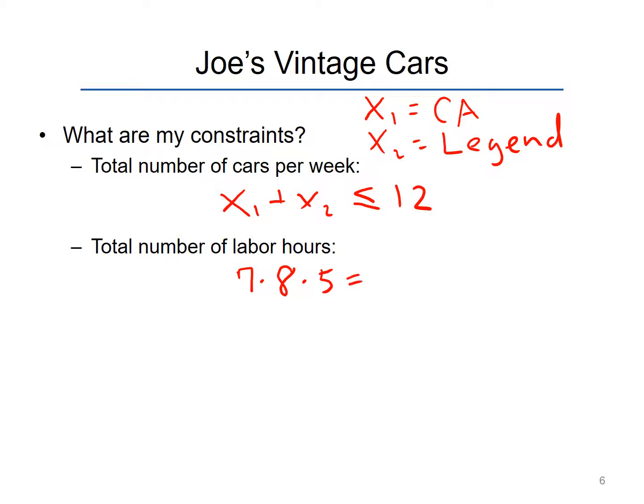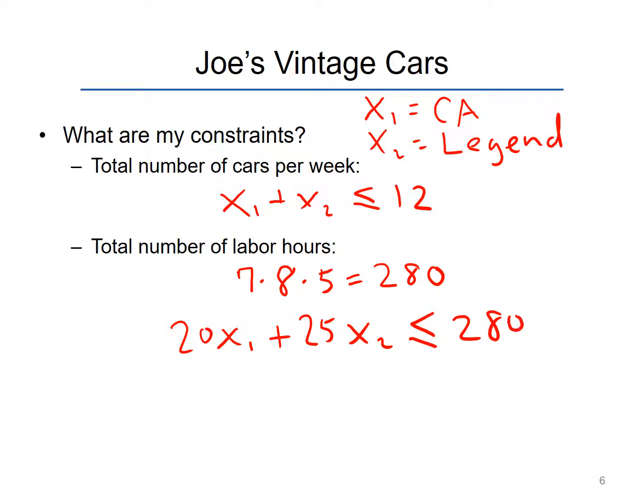So we multiply this, and the total labor hours available for Joe is 280 hours for any given week. And we know every California model requires 20 hours of labor. Every Legend model requires 25 hours of labor. So the sum of these two labor hours cannot exceed 280 hours.